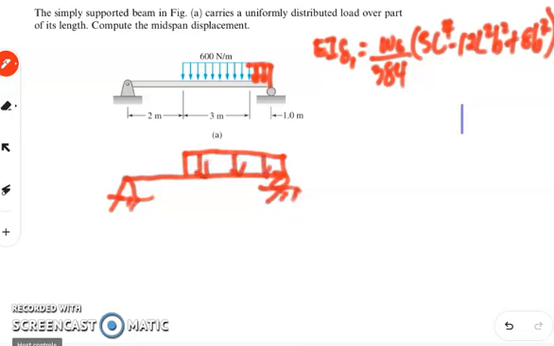So this is our B and this is our A. If we make use of that formula, this is our delta 1.